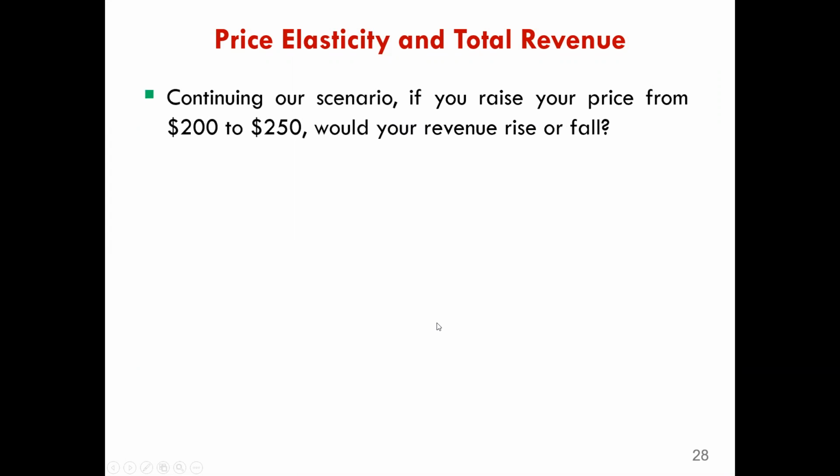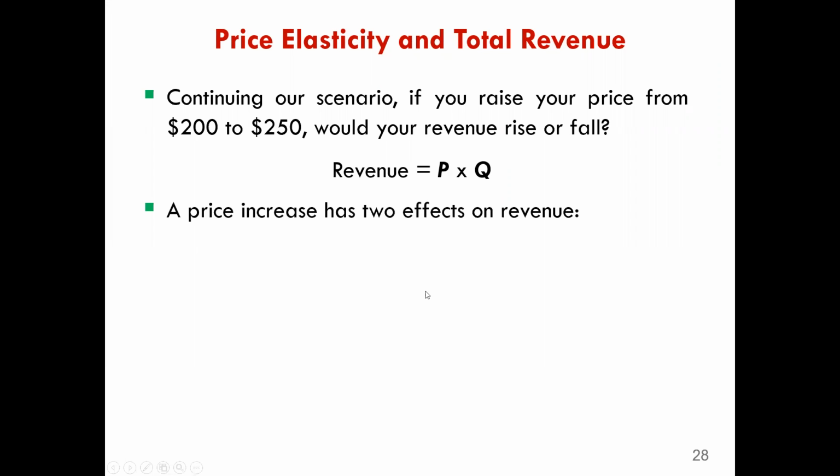Now, continuing from this scenario, if he raises his price from $200 to $250, would his revenue rise or fall? Now, if we compute revenue by multiplying price by quantity, then you would note that price increase has two effects on revenue.